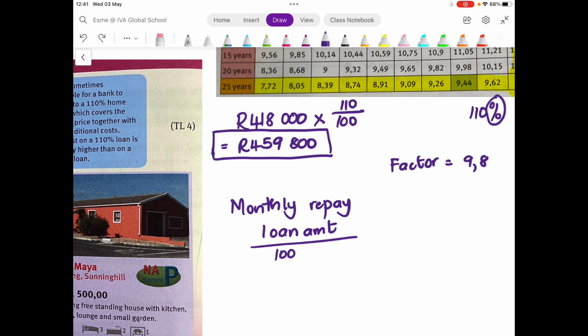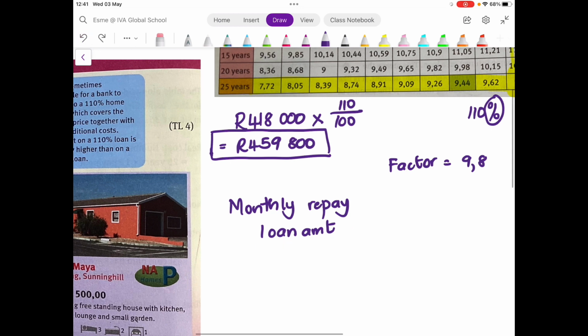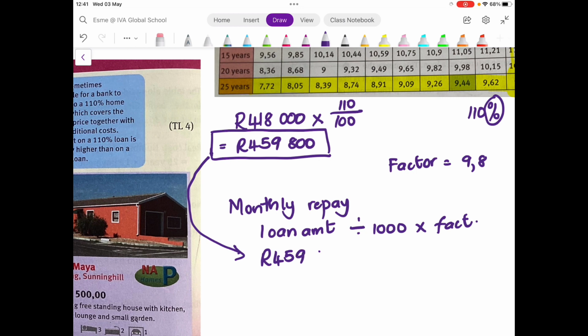Now normally what they do is they write it like this, divided by 1,000 multiplied by the factor. Right, our loan amount is 459,800, so I am going to divide it by 1,000 and multiply by my factor, which is 9,8.